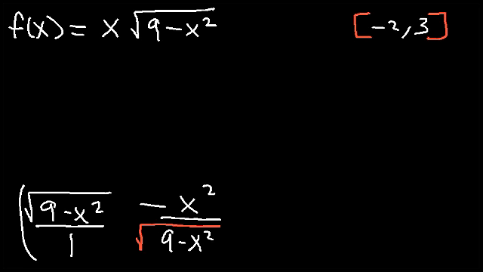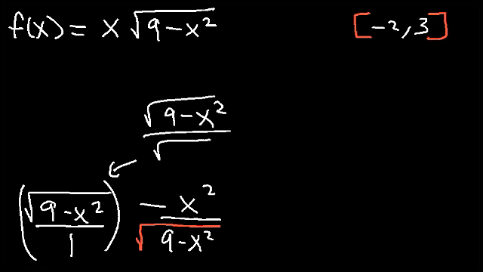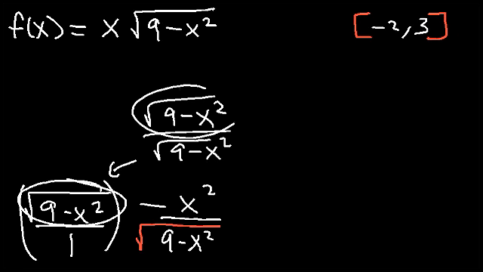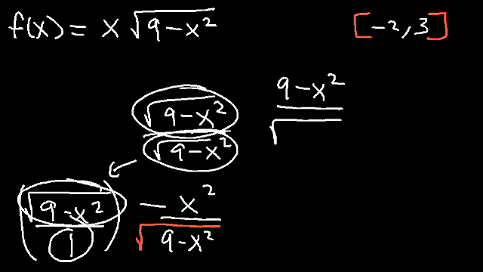So let's multiply this expression by the square root of 9 minus x squared over the square root of 9 minus x squared. So root 9 minus x squared times root 9 minus x squared is simply just 9 minus x squared, divided by 1 times this, that's going to be the square root of 9 minus x squared.